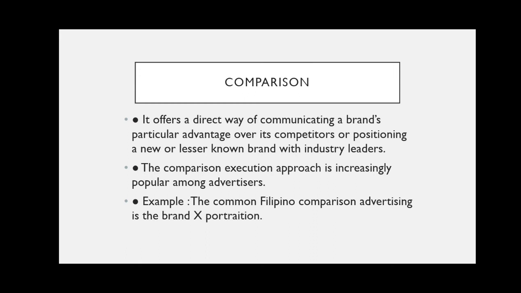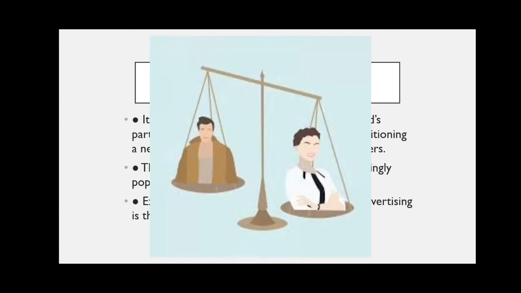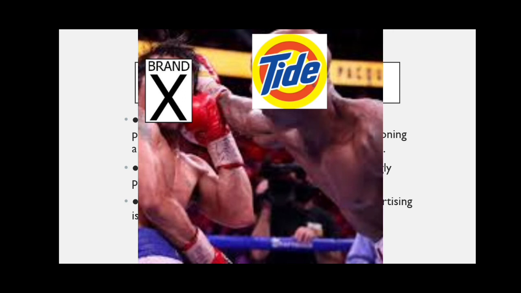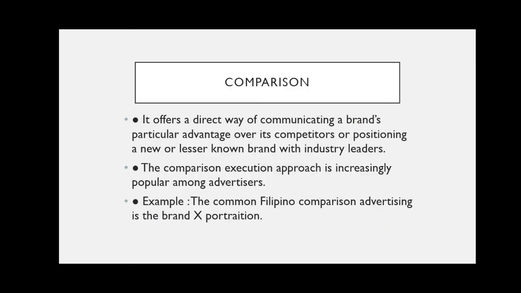This kind of advertisement portrays your product as better than the other product, which makes this advertisement a tool for competition, and the comparison execution approach is increasingly popular among advertisers. It is because the approach of this advertisement is damaging the image of one's product or a brand, which makes your product a better one.